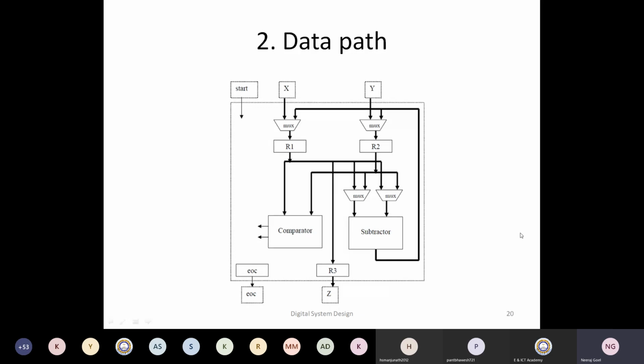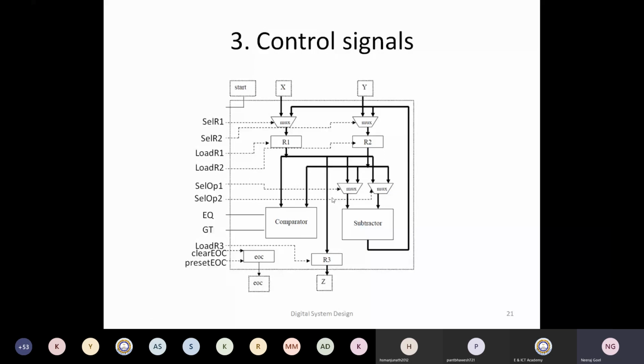Now the second step is what all control signals would be required. Control signals are required, for example, to manage this mux, that is, which input to be taken, either X or the output of the subtractor. So let me add all these control signals. I would require select R1, to select whether to take from X or from the subtractor.